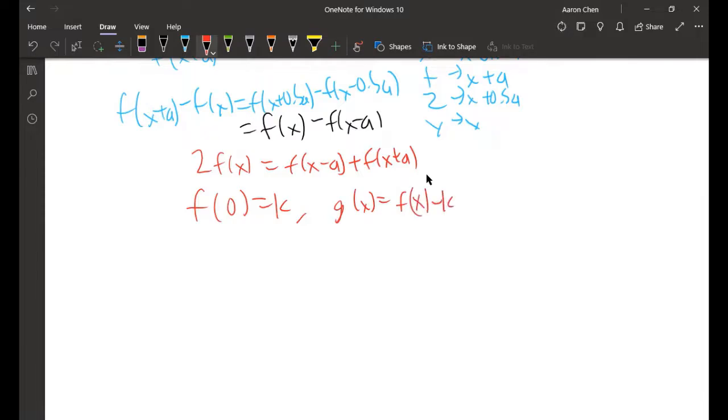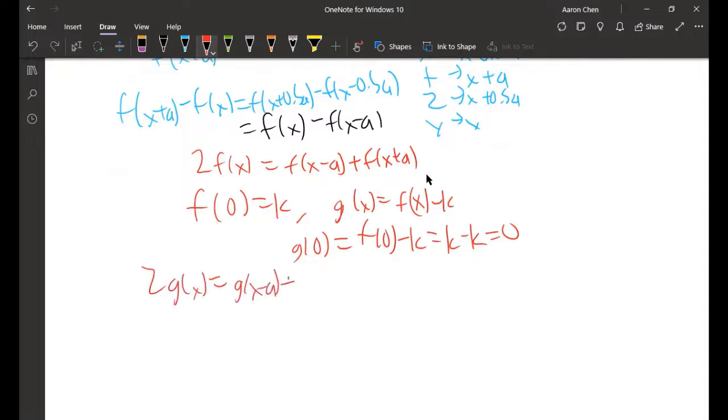And so that would mean that g of 0 is equal to f of 0 minus k, which is k minus k, or 0. And so what that means is that 2g of x is equal to g of x minus a plus g of x plus a.